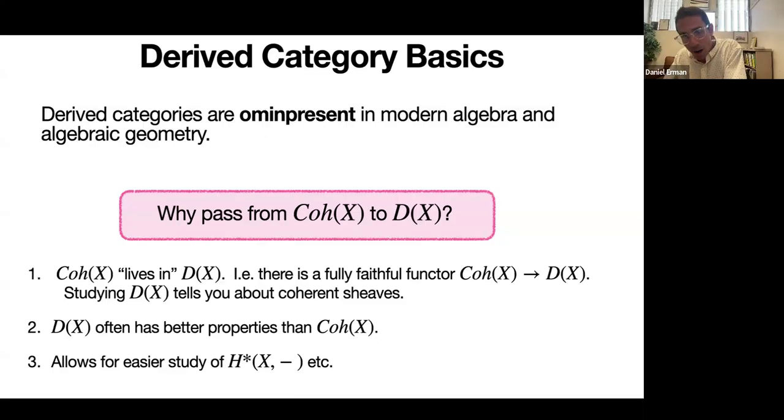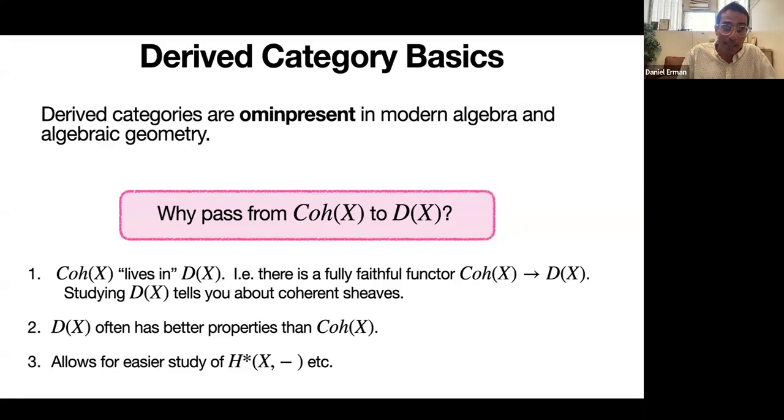Modules are roughly equivalent to studying coherent sheaves. So now I care about coherent sheaves, but this passage to derived categories might seem stranger, and it did for me for a long time. But I think there are a few reasons that capture why this passage is natural and is taken over in many situations.